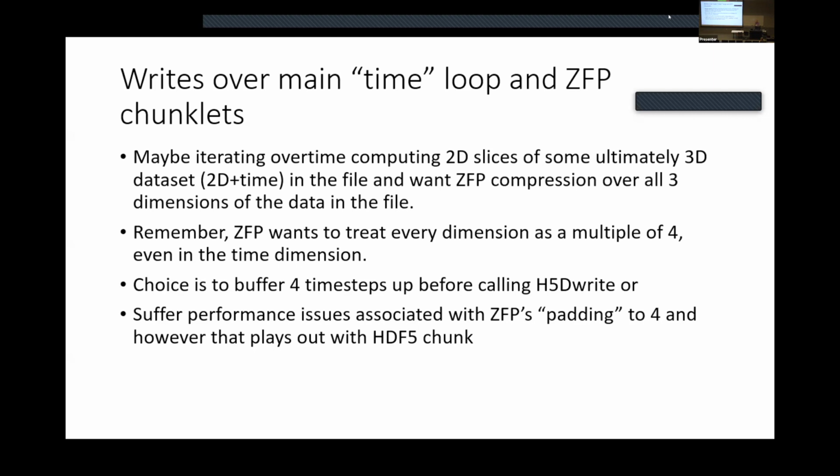Well, in that case, if you want to avoid some issues with performance, you're now required to buffer up in memory 4 slices so that you meet ZFP's chunklet requirements before you do that write. Depending on how big this time iteration is, depending on how much memory that is, it could potentially be a problem for you to buffer up 4 time steps before you dump them to the dataset. But it is an issue if you want to avoid some of the issues with ZFP chunklets.